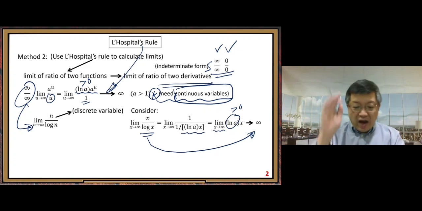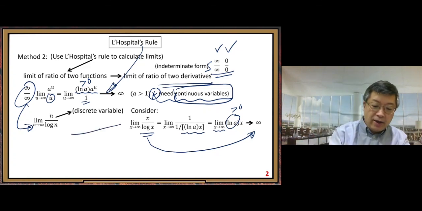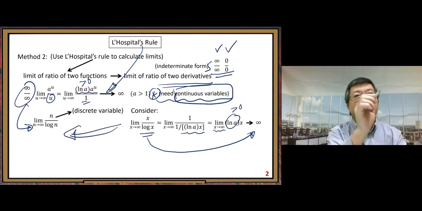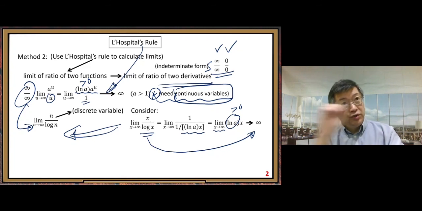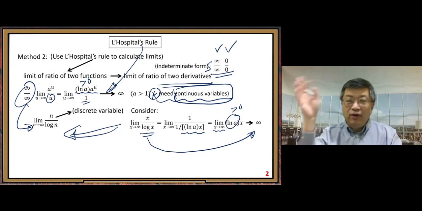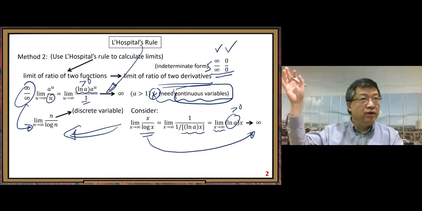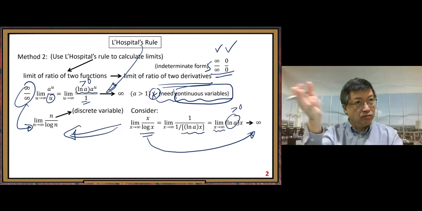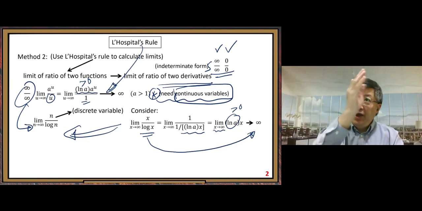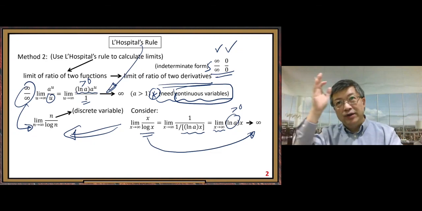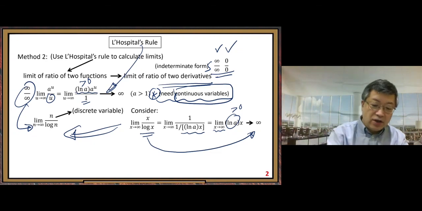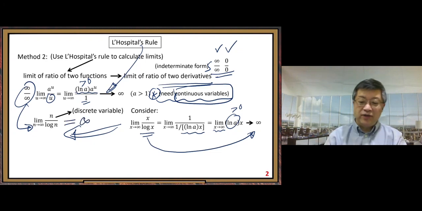Finally, we get back to the discrete version. Because for the continuous version, it's true, can we take x to be the special values 1, 2, 3, 4? Because for all real numbers x, the limit of the ratio is infinity. Then when we take special values, the limit is also true, right? Special values going to infinity, 1, 2, 3, it is also true, infinity.